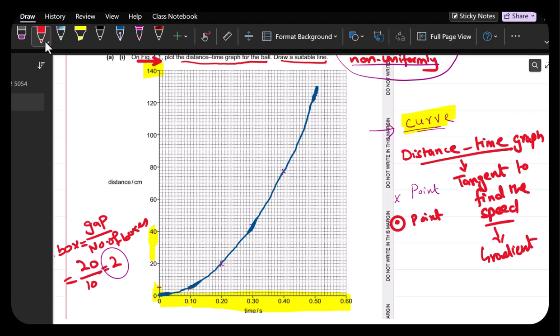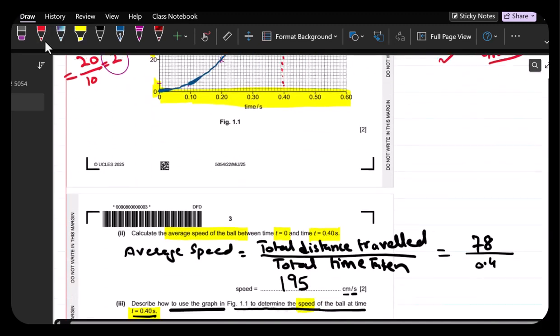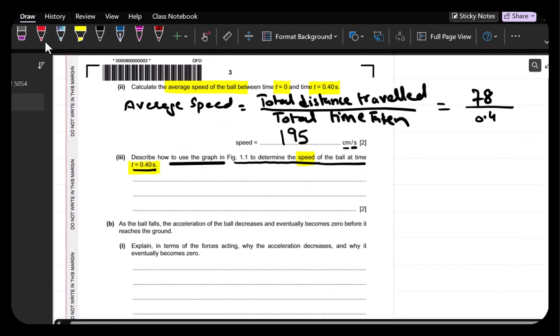बेटे आपको gradient find करना पड़ेगा after drawing a best tangent here. So we have to draw the tangent here at 0.4 and then take points from there and find the gradient. I will be writing here that the word is describe. You have to write the words.